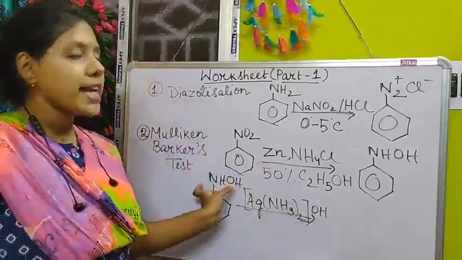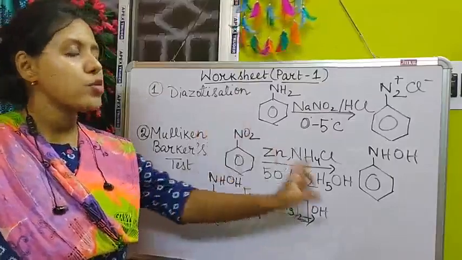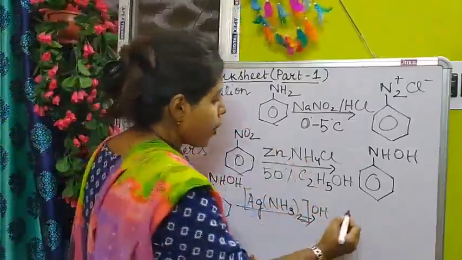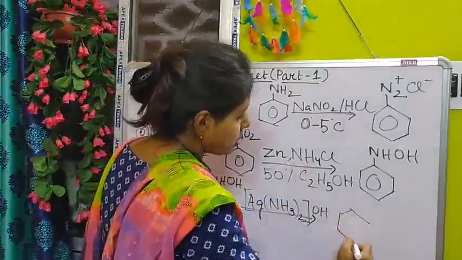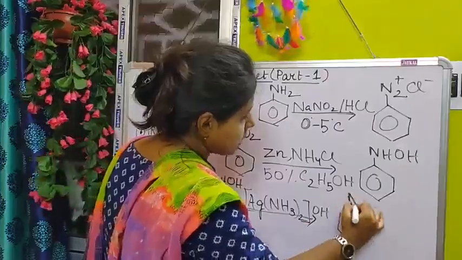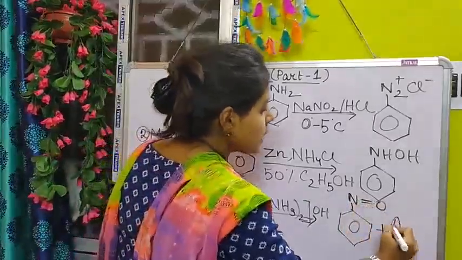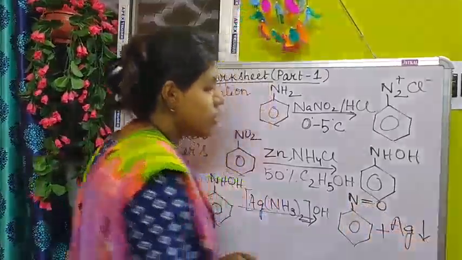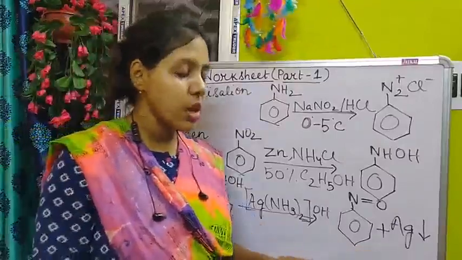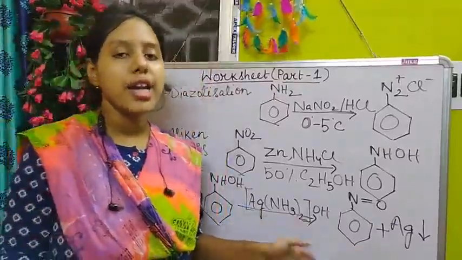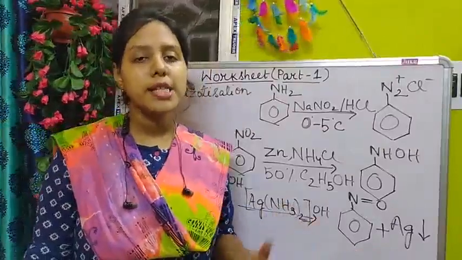The hydroxylamine compound will be converted into a nitroso compound, with single bond nitrogen, double bond oxygen, along with a silver mirror precipitate. From the silver mirror precipitate we can identify the presence of a nitro compound in the given sample.